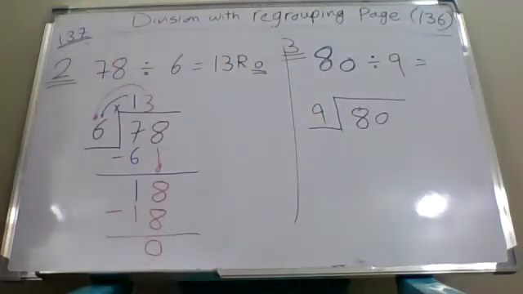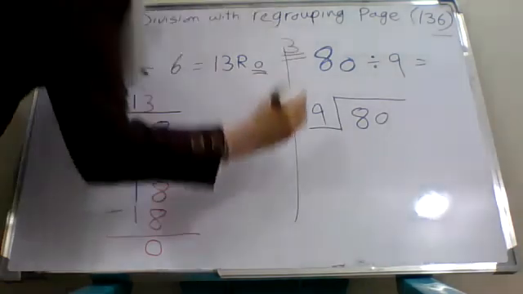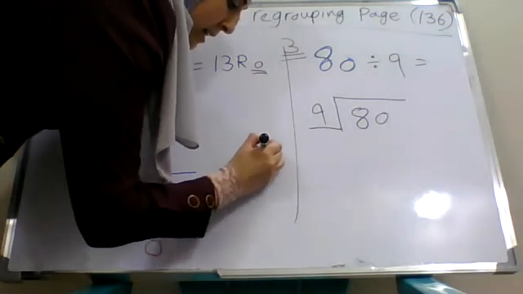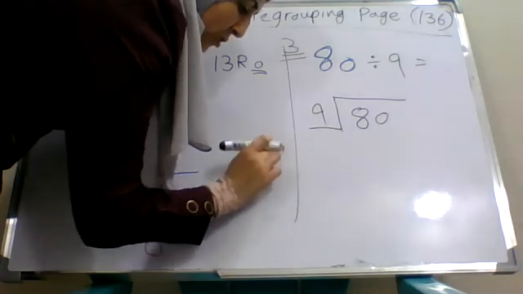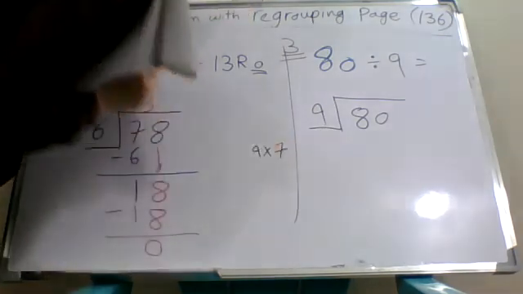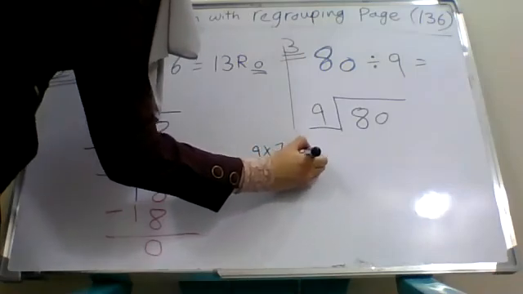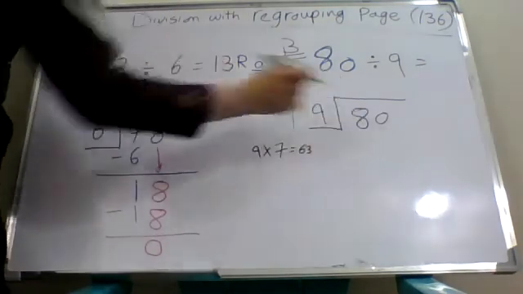No, I can't. So I have to use the 80. And I know that 80 is on the times table of 9, right? If I multiply 9 times 7, let me check the 7 first. It was 63, right? Okay, I'm still far away from the 80.